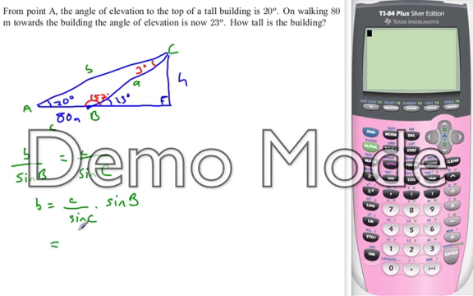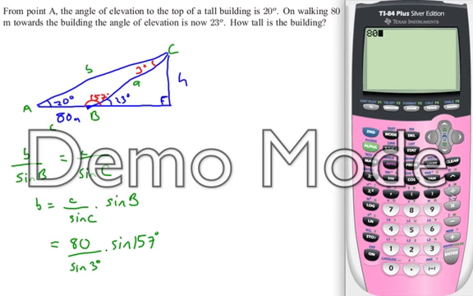Now it's a case of substitution. Little c is 80. Sine C is the sine of 3 degrees. And B is 157. Now that I can do on my calculator. So 80 divided by sine 3 degrees, and then multiply by sine 157.